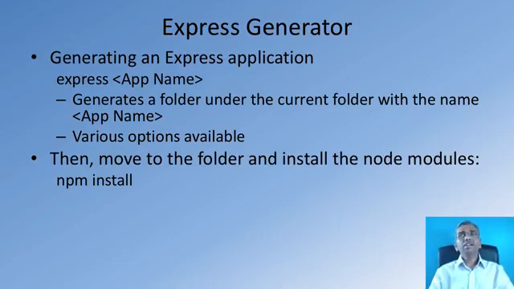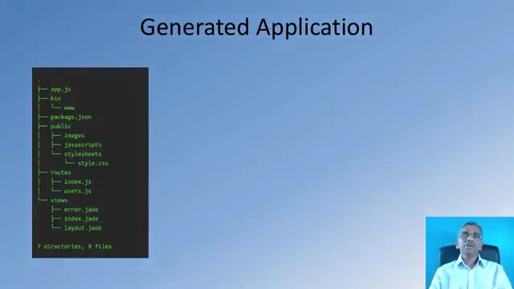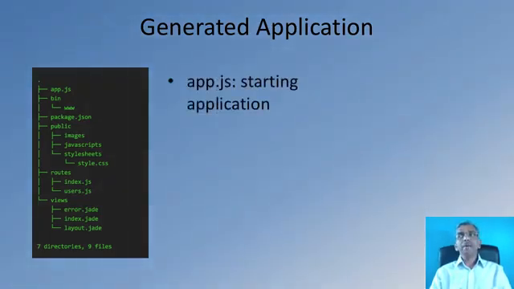Once that is done, then it's just a matter of going in and then modifying the generated templates to suit your needs. So what does the typical Express generated application look like? So this would be the directory structure or the folder structure that will be generated by Express Generator. So you have an app.js file, which is the starting point of your Express application.